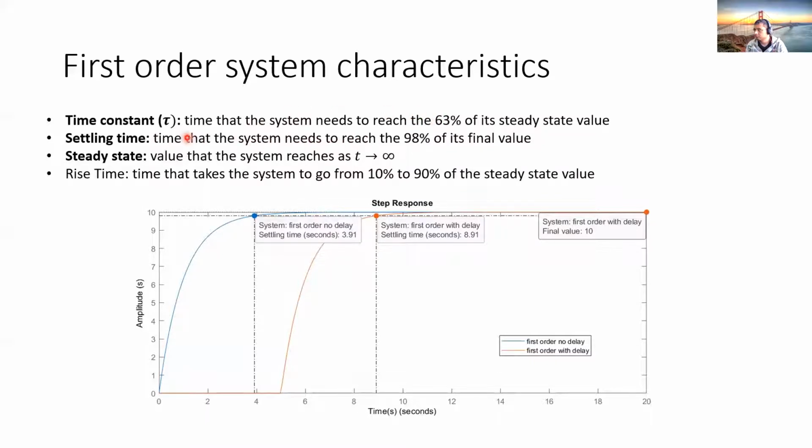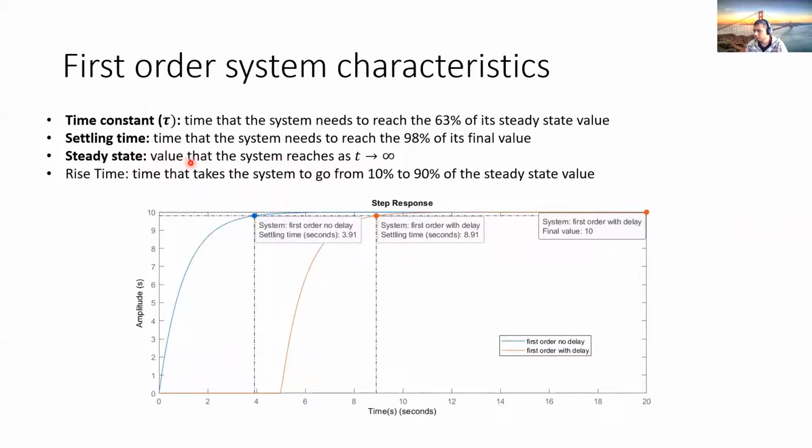Settling time, by definition, is the time that your system needs to reach 98% of its final value. In the case of a first order system, it used to be between 4 and 5 tau. So remember that systems always used to take about that time to reach the steady state.